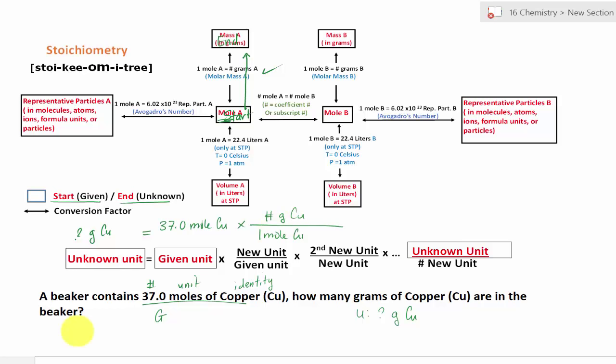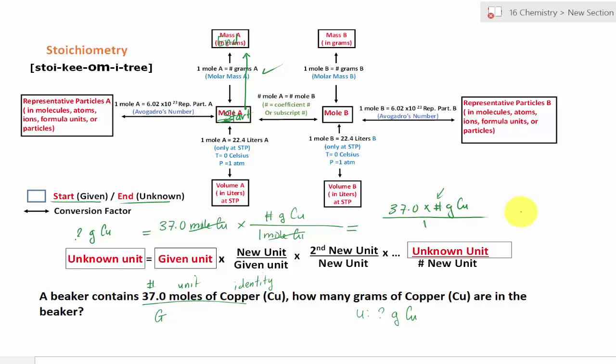Now let's simplify it. Moles of copper cancel out. And what does that give us? We have 37.0 times the number of grams of copper. Again, we're going to focus on finding this number later. For now, just learn how to use a flowchart. And that is being divided by 1.